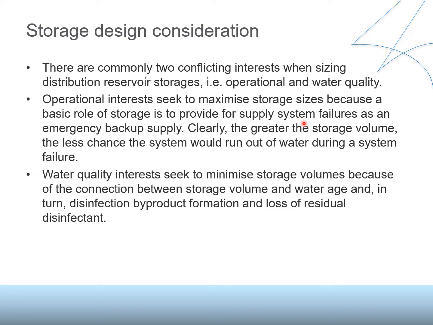So the bigger the storage volume, the more reliable the system will be, and the less chance the system would be running out of water. So from the operational perspective, we want a large size of storage, whereas from the water quality perspective, having a large size is not good.